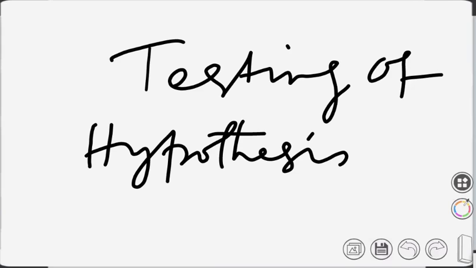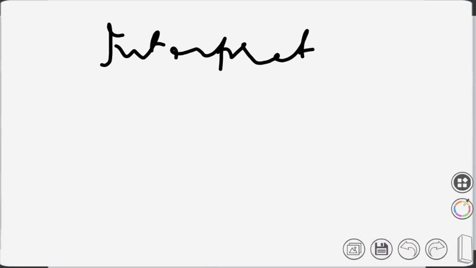Teaching testing of hypothesis. Last day we talked about the interpretation part. There are two different processes of interpretation.